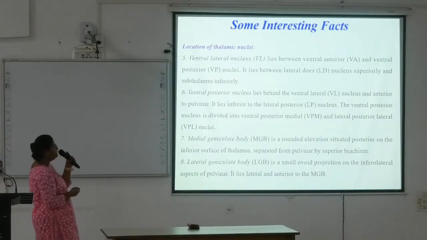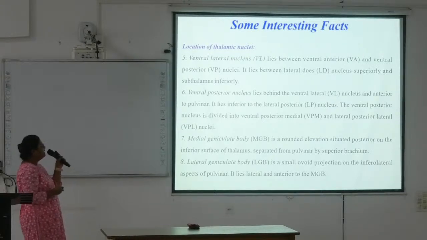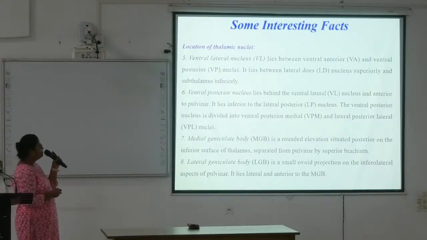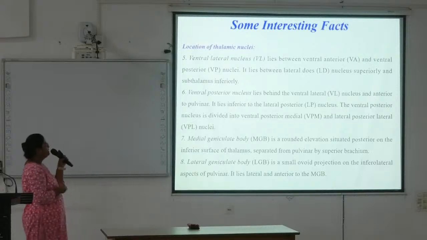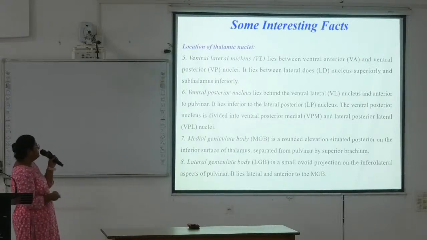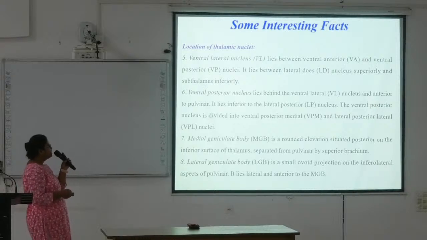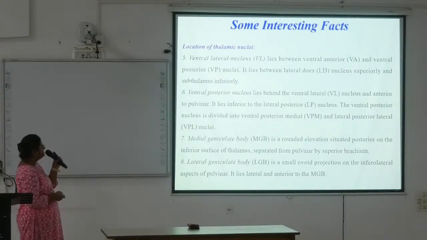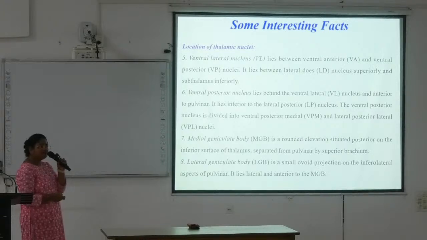Ventral posterior nucleus, it lies between the ventral lateral and ventral anterior to the pulvinar. Lies inferior to the lateral posterior, and the ventral posterior nucleus is divided into VPM and VPL. Next is medial geniculate body. It is rounded elevation situated posterior on the inferior surface of thalamus, separated from pulvinar by the superior brachium.